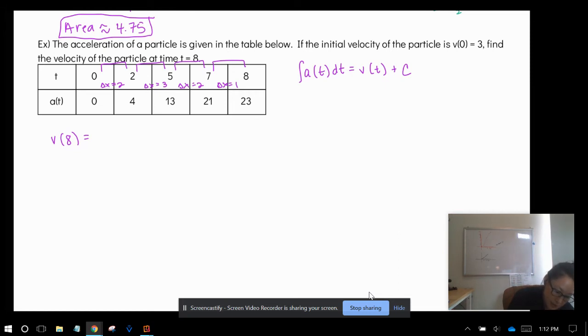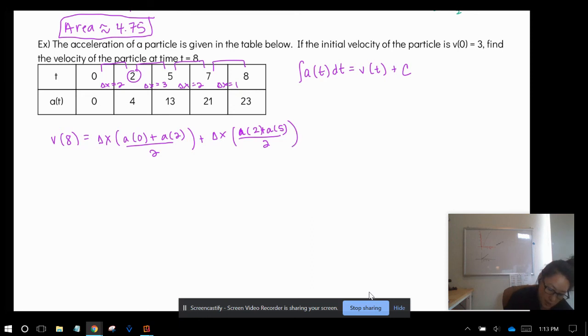which is delta x times a of 0 plus a of 2 over 2 plus delta x times a of 2 plus a of 5 all over 2.